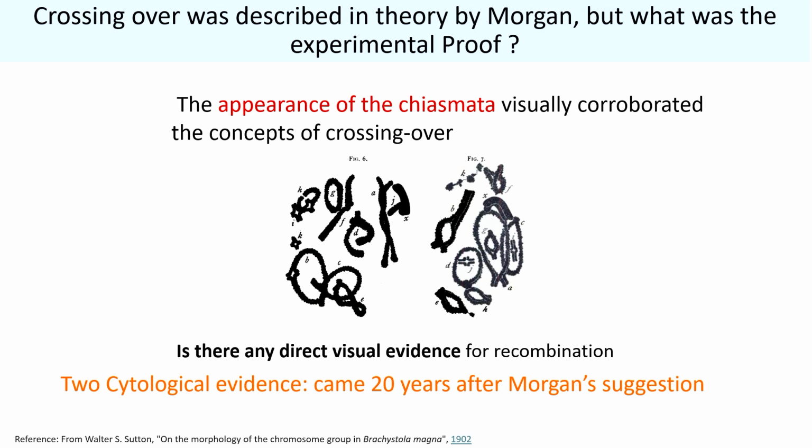So remember, we mentioned that when Morgan saw these recombinants, he said that these genes are linked. But to explain why, if they are linked, they are getting separated, he said that it is because of crossing over. So he introduced this concept of crossing over, that the chromosomes can break and rejoin and exchange fragments.